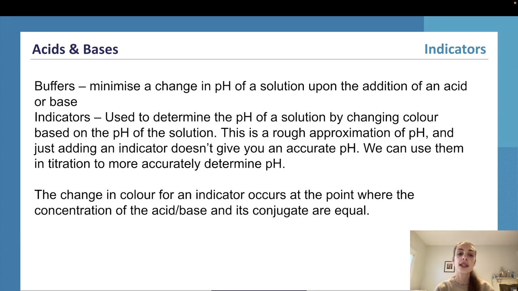So it's not necessarily accurate because it's a rough approximation of pH, and just adding an indicator doesn't give you an accurate pH, but we can use them in titration to more accurately determine pH than some other methods. So the change in the color for an indicator is going to occur at the point where the concentration of the acid or base and its conjugate acid or base are equal.